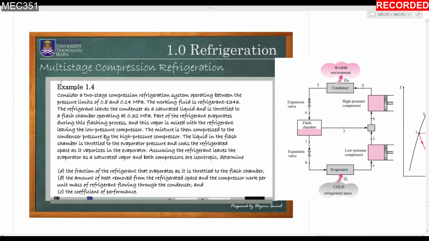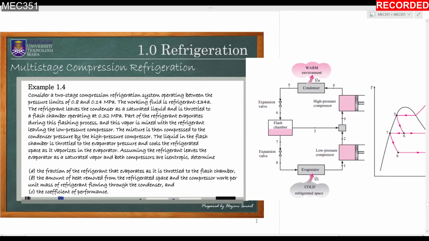Okay, this is the example. I will show you how to calculate or analyze the multi-stage compression refrigeration cycle. Consider a two-stage compression refrigeration system operating between the pressure limits of 0.8 and 0.14 MPa.